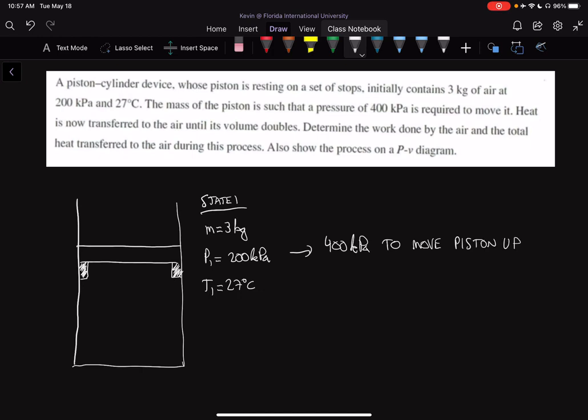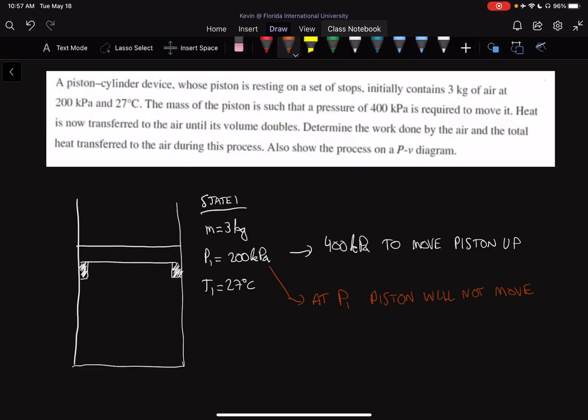So clearly at state 1, the piston will not move. Okay, so at pressure 1, the piston will not move because the pressure is less than this threshold pressure required to move it.